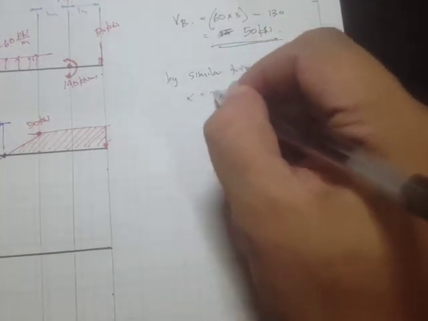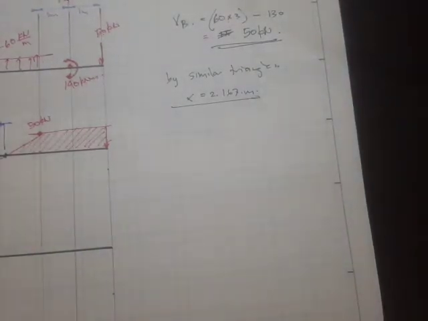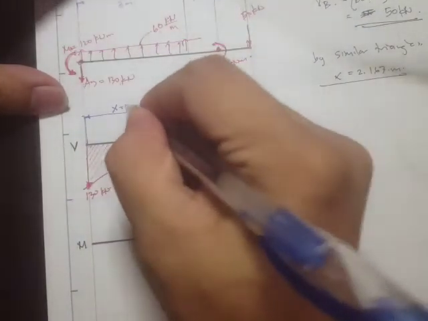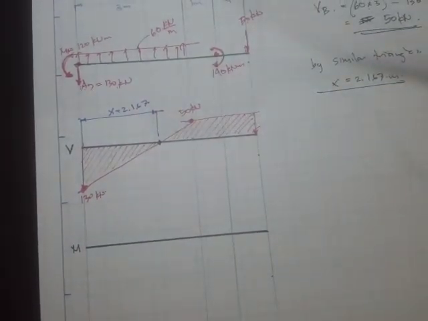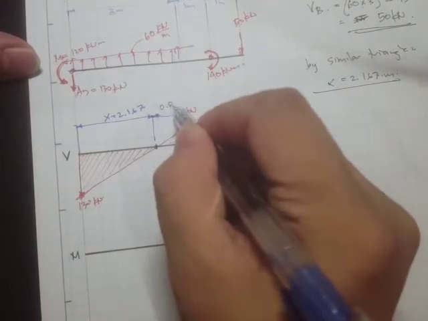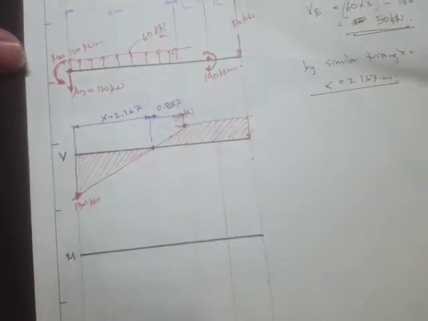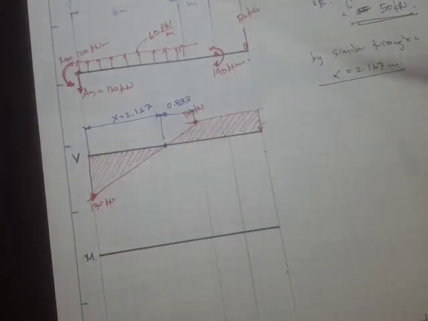X would just be 2.167 meters. So 3 minus 2.167, this one right here would be 0.8833.